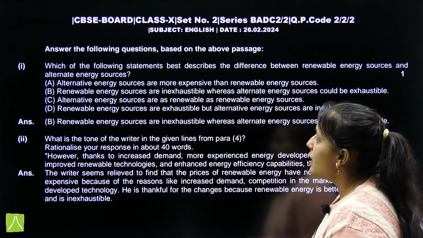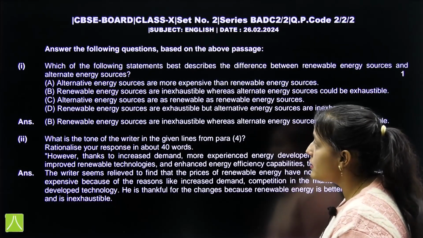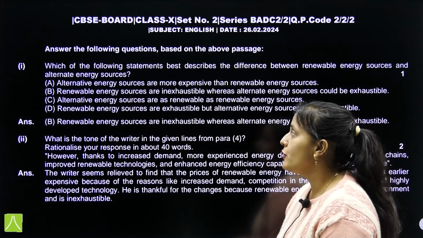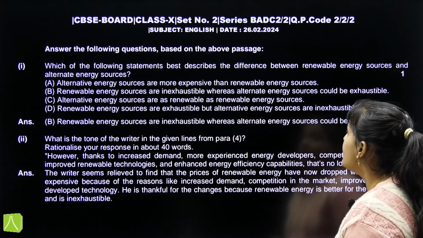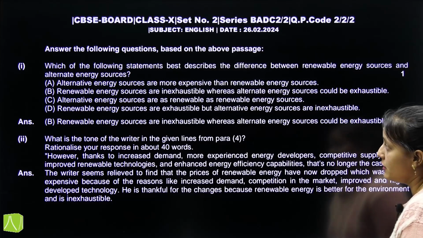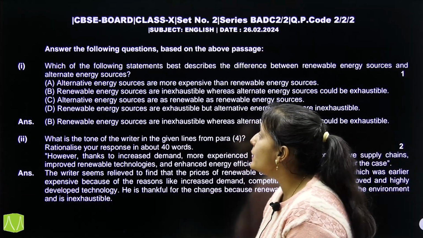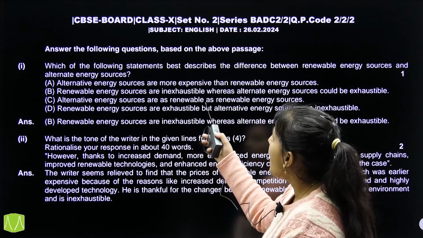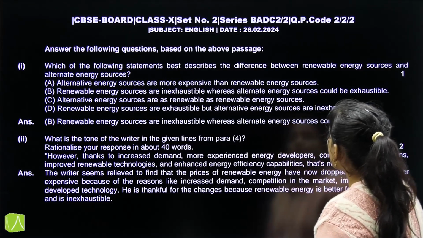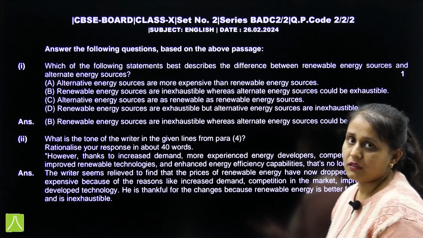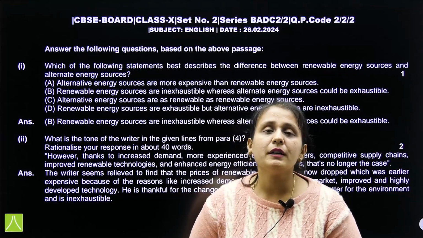Third option was, alternative energy sources are the same as renewable energy sources. Fourth, renewable energy sources are exhaustible but alternative energy sources are inexhaustible. So, the correct answer is B, that renewable energy sources are inexhaustible, whereas alternative energy sources could be exhaustible. So, the correct answer for the very first question is option number B.